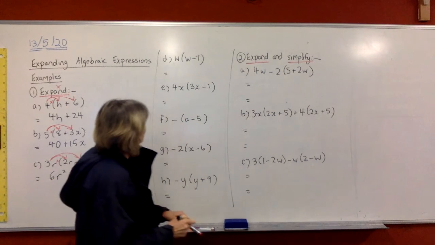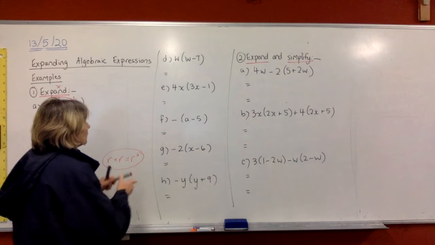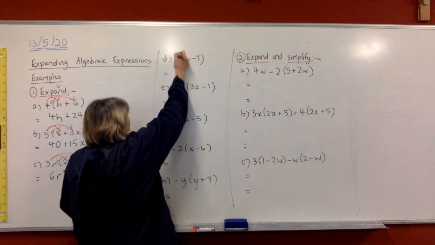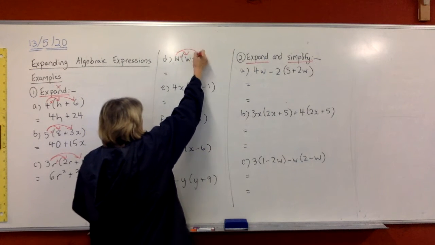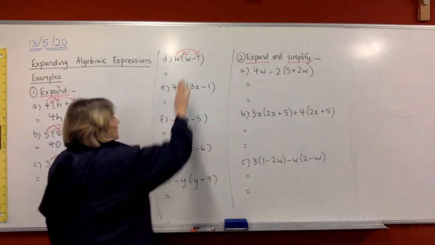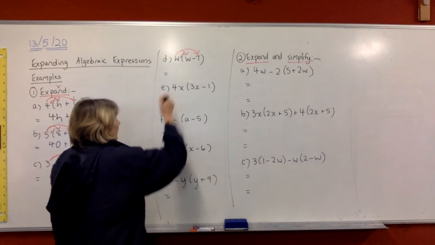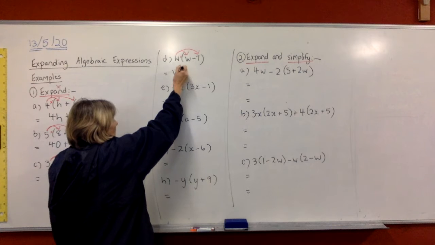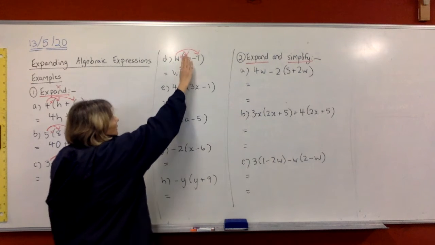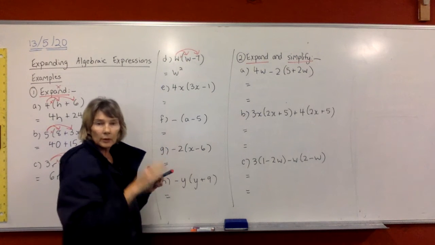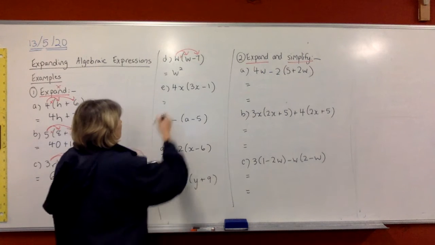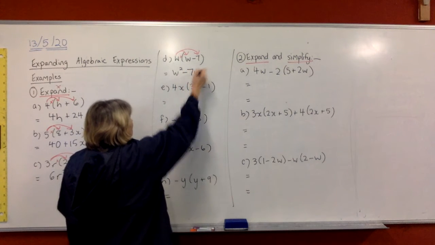Looking at the next one, we have w times, draw the arrows in. W times w is w squared. And then w times minus 7, you just put your number and then your letter, so it's minus 7w.